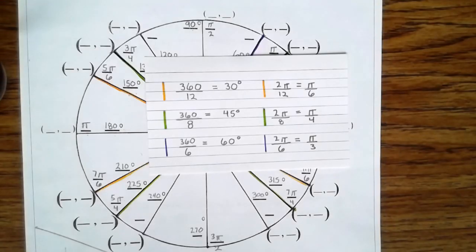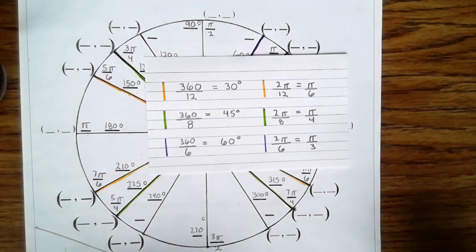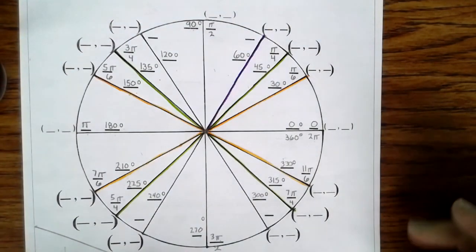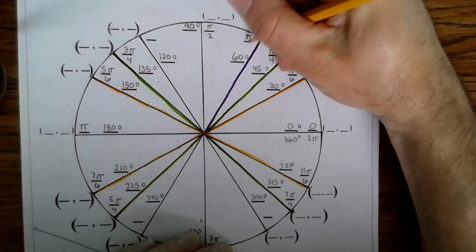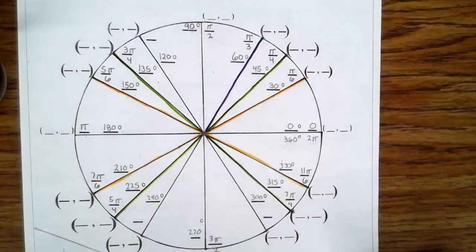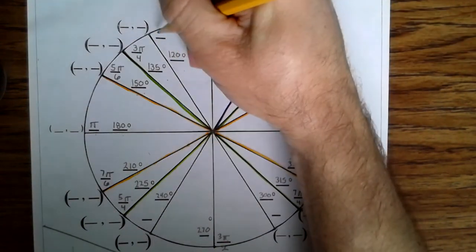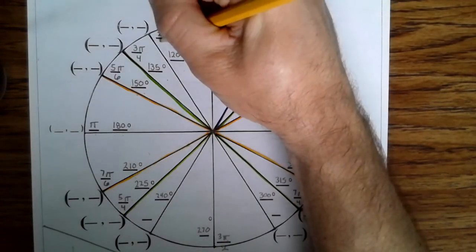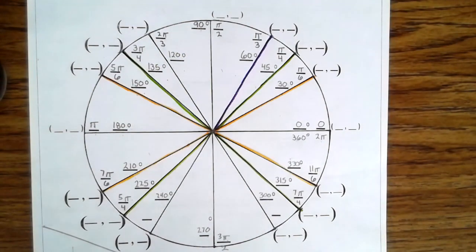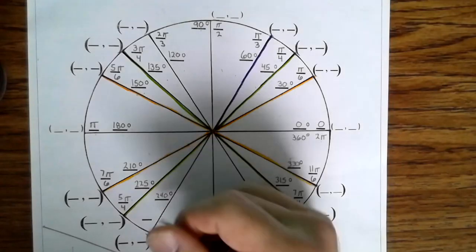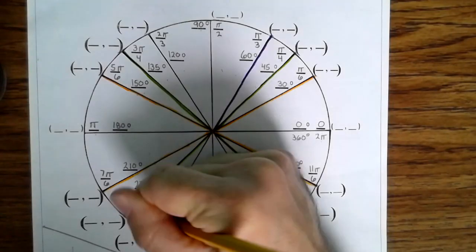So we know this is pi divided by 3. So that would be 1, 2 pi divided by 3. And then 3, 4 pi divided by 3. And 5 pi divided by 3.